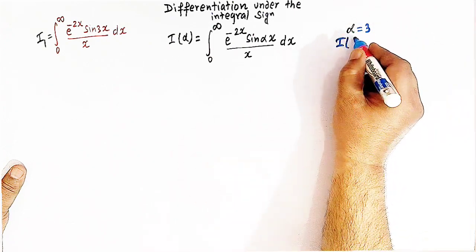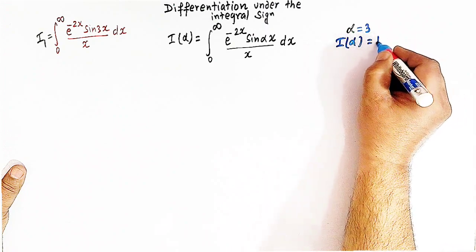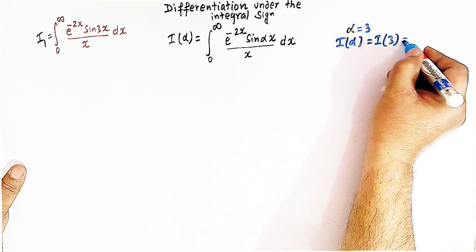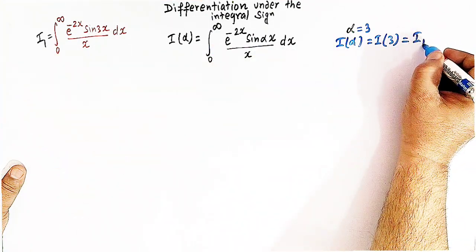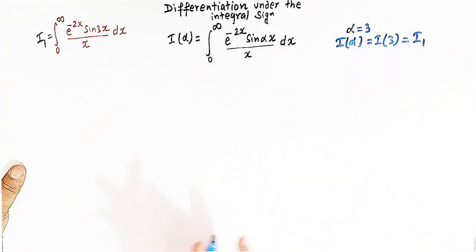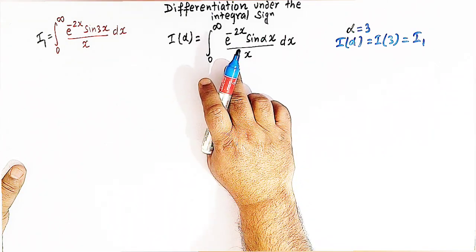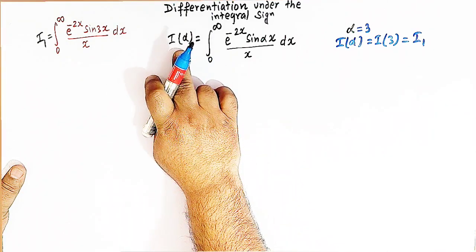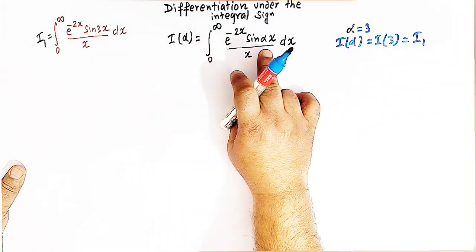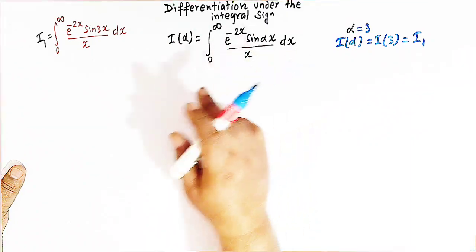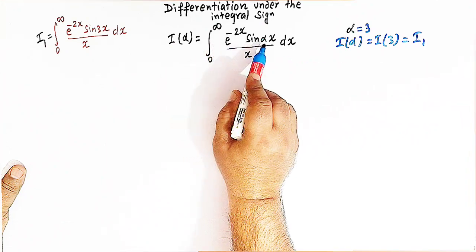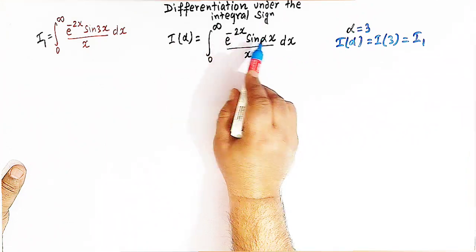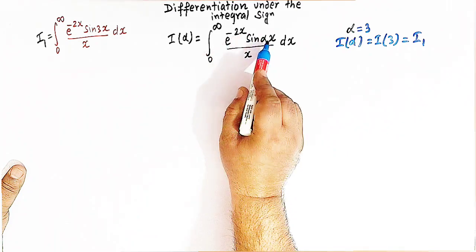So I of alpha, that is I of 3, is equal to our integral I1, right? Okay, so now the important thing is to differentiate this integral I with respect to alpha.